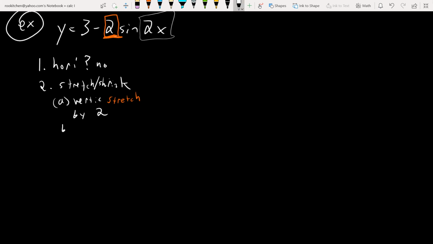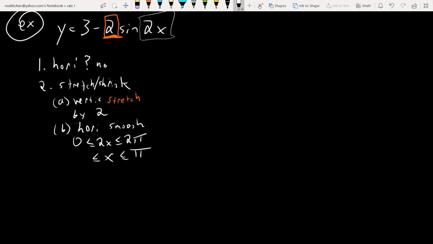Then the 2 sitting on the inside is going to give you a horizontal stretch. Actually, in this case, it'll be a smush, or a shrink, if you'd rather. And usually how you figure that out is by wedging the 2x in between 0 and 2 pi, that's one full period of the curve, and then solving for x.